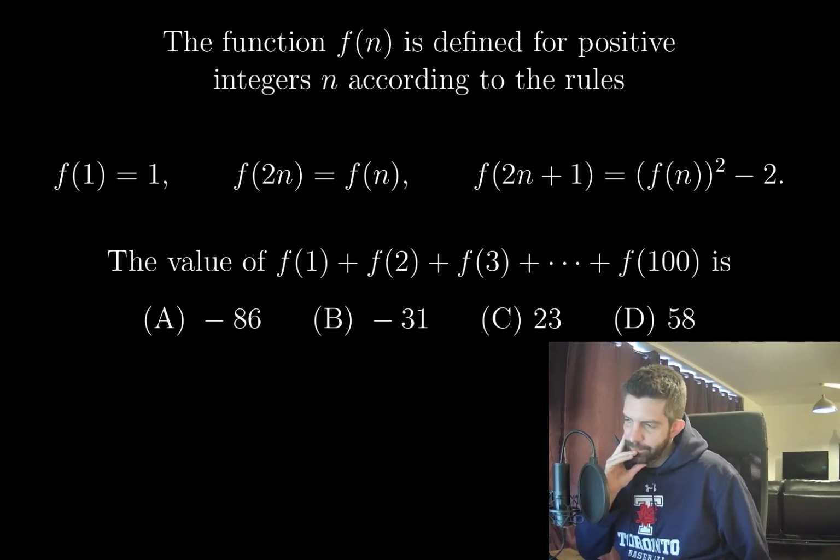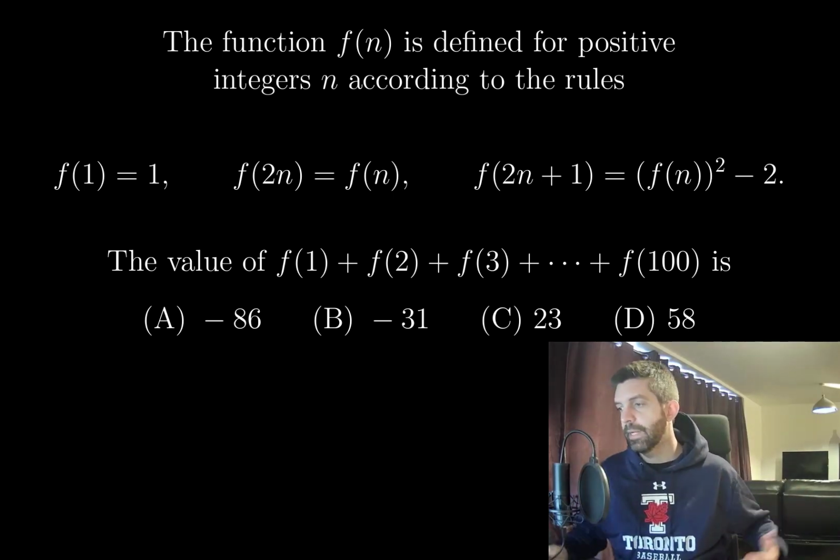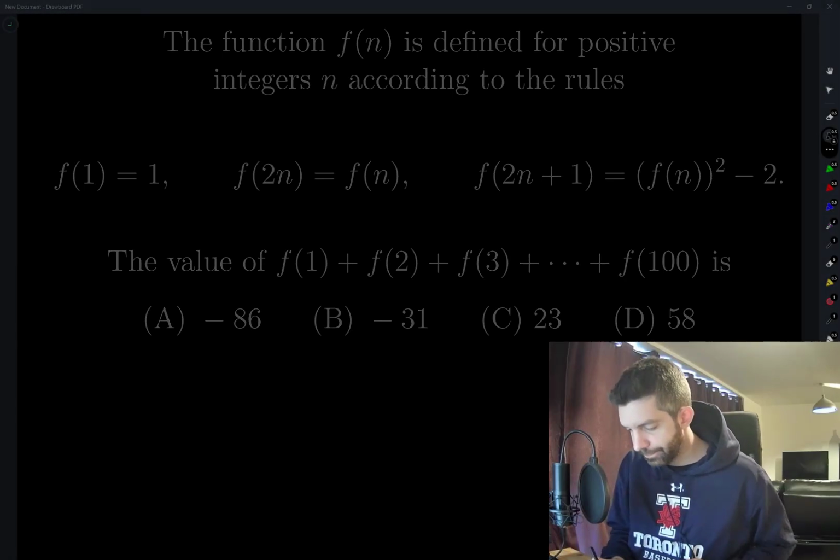So typically for a question like this, I might write out several values of f of n and see if I can find a pattern. I don't know if that's going to be the best way to go about this. Maybe another thing to do is to figure out that f is going to be the same value for many different values of n. In particular, for all powers of 2, it's going to be equal to 1, right?